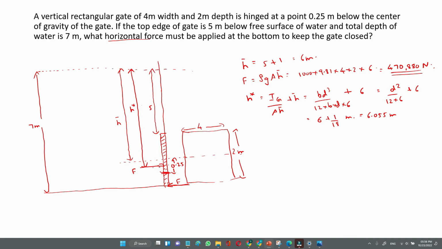Now this will cause a couple about this hinge. So you can call this hydrostatic force F, and this force is the opposing force that you need to apply. So the moment that is created at the hinge is F into this distance.